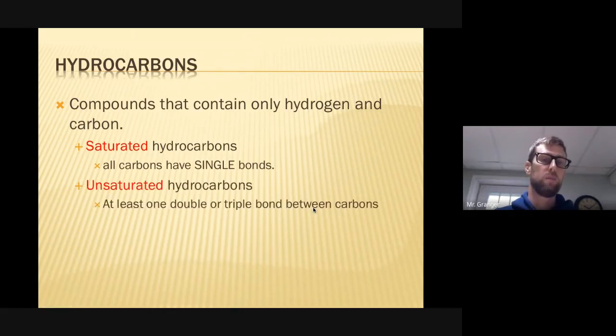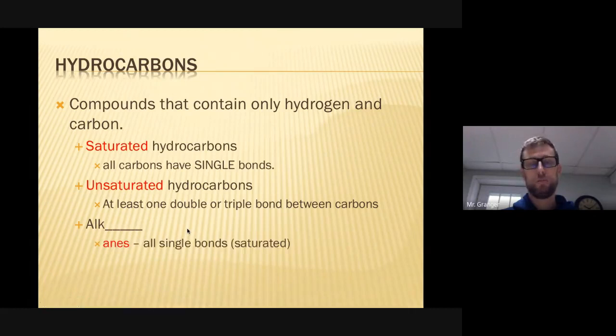You could also have unsaturated hydrocarbons, which have at least one double or triple bond between carbons of that structure. The C2H2Br2 example that we looked at, the cis-trans isomers, would be unsaturated because both structures had double bonds, and we were just looking at where the bromine atom was in relation to the double bond.